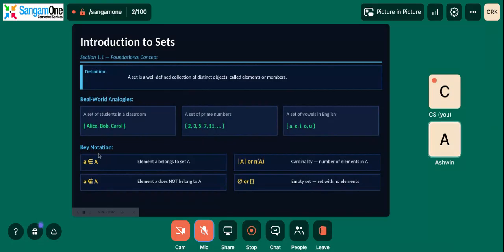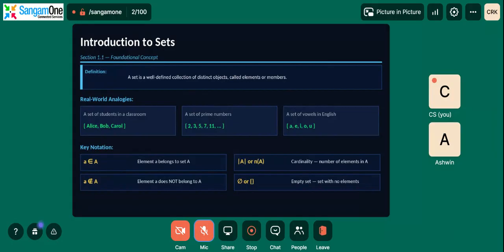The key notations include a belongs to A. This is epsilon, this symbol you see, right? This says that a belongs to set A. This capital A represents the set, equal to, then open the flower bracket and close the flower bracket. If you have pen and paper, write a big capital A in it and equal to, then open the flower bracket and close it.